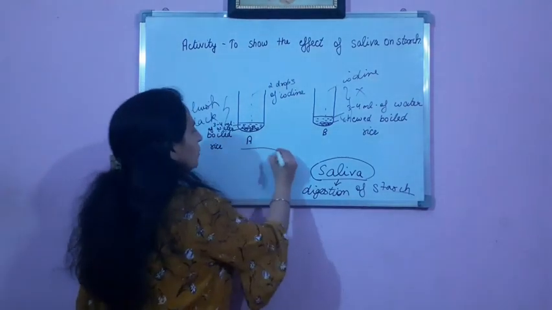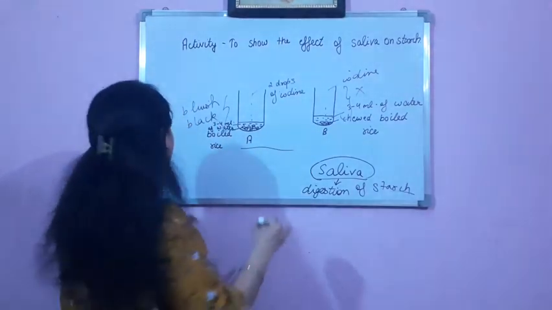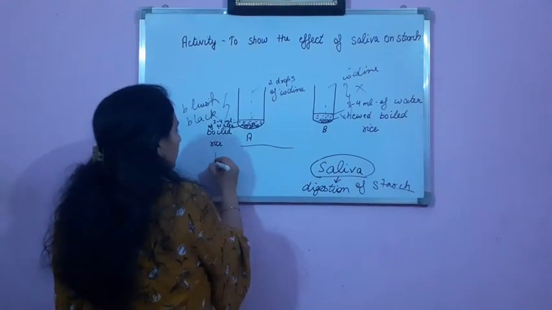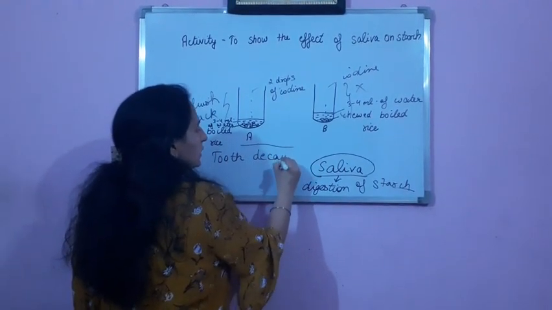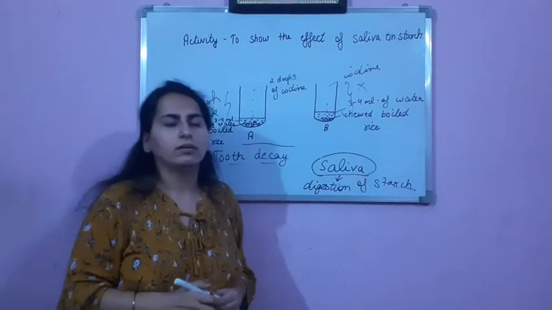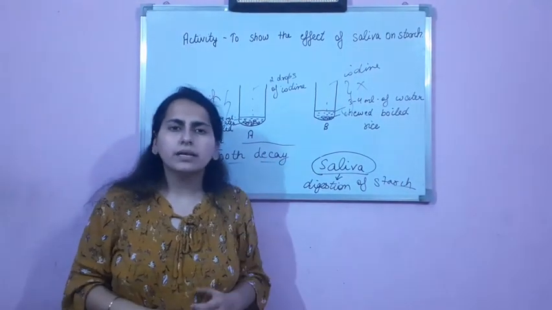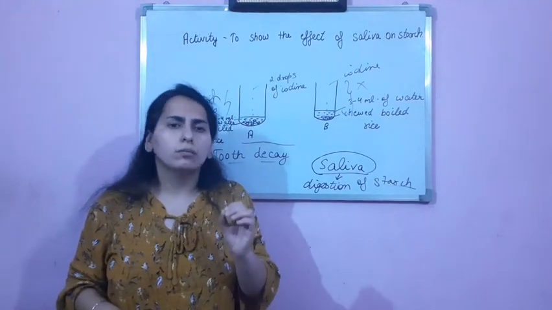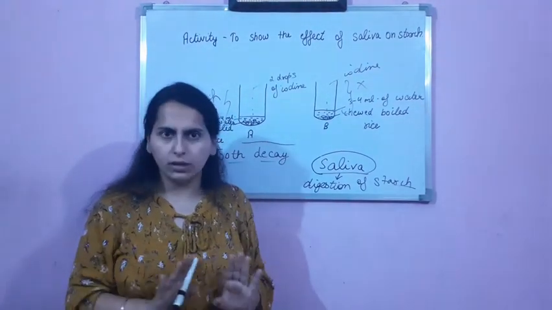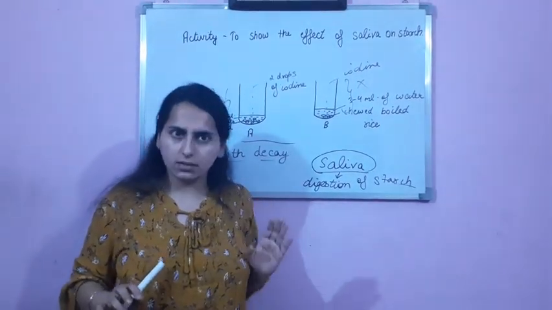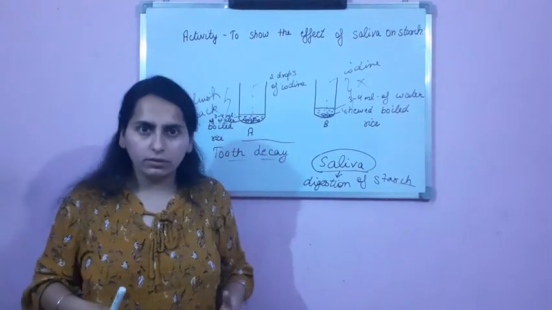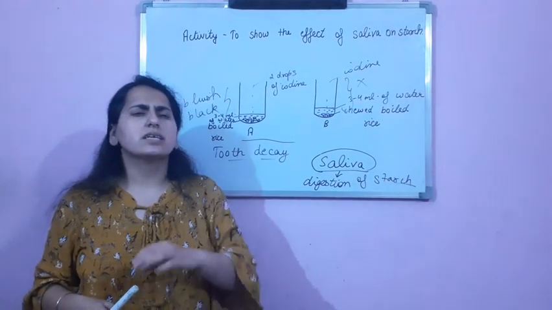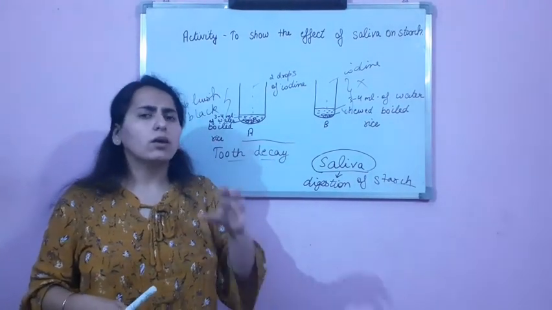So now the second topic for today is tooth decay. Now what is tooth decay? Some bacteria live inside your mouth. Not all of them are harmful unless your diet is not balanced. Now if you eat sugary food or food that contains excess sugar, what will happen?